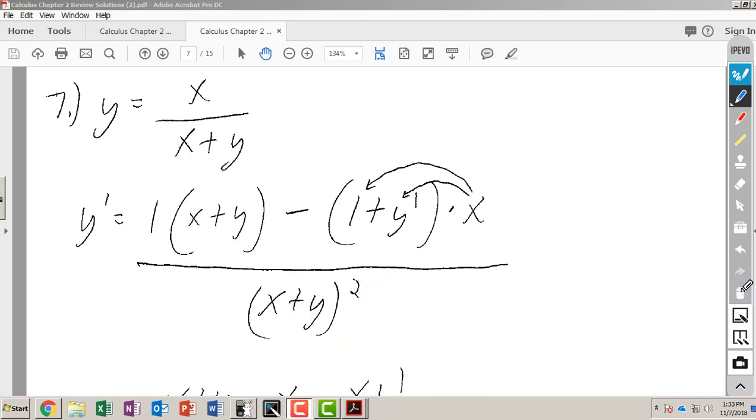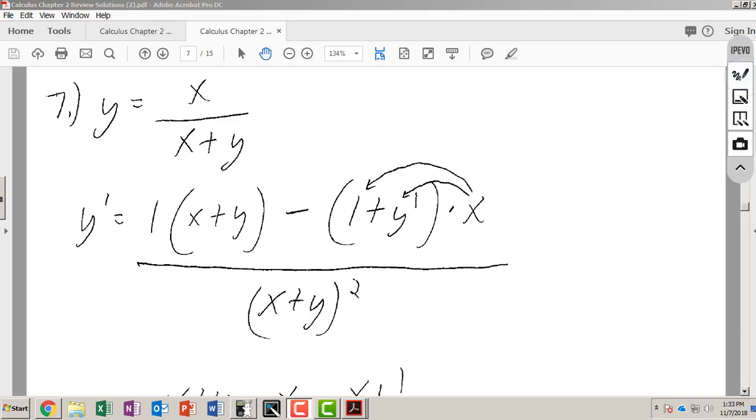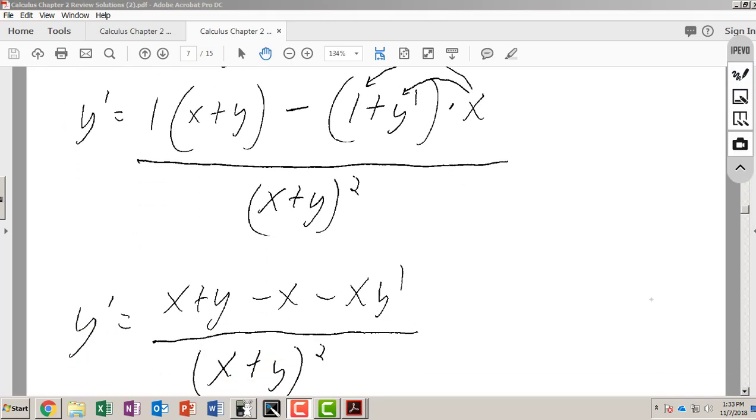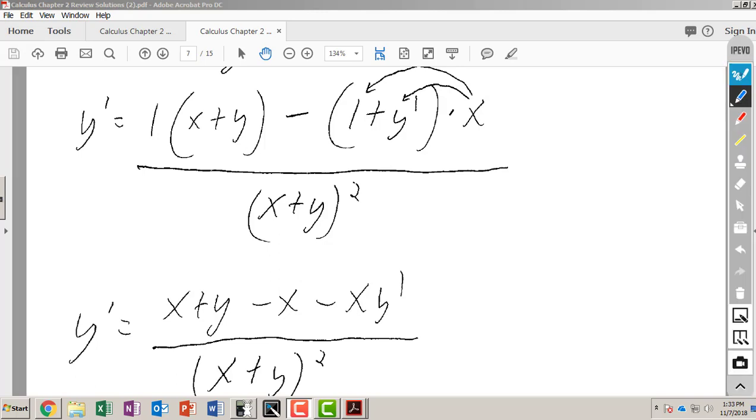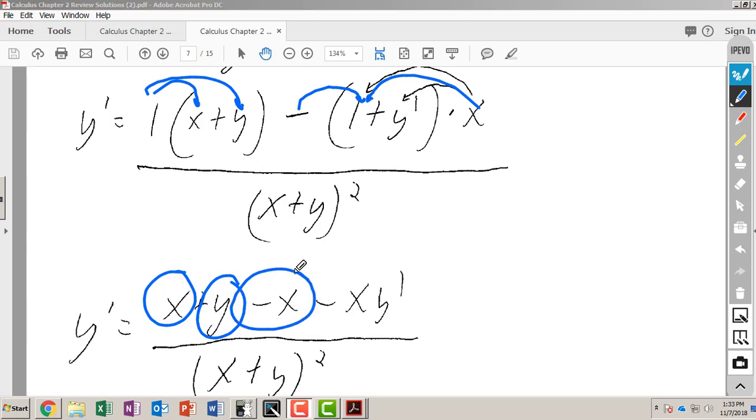So I just need to go ahead and simplify this down and solve for y prime. My first step is I'm going to distribute the 1 on through. So distributing this 1 on through, I get 1 times x is x. I've got 1 times y is y. I'm going to distribute this x on through, and at the same time I'm going to distribute this negative on through. So this becomes negative x.